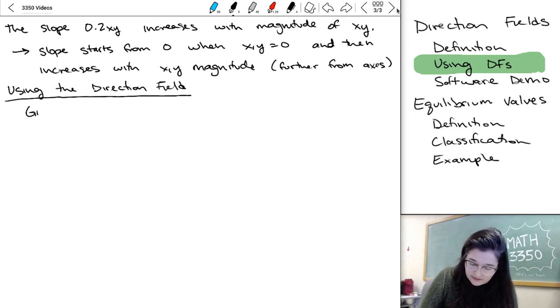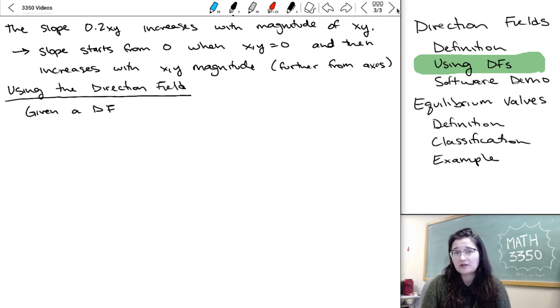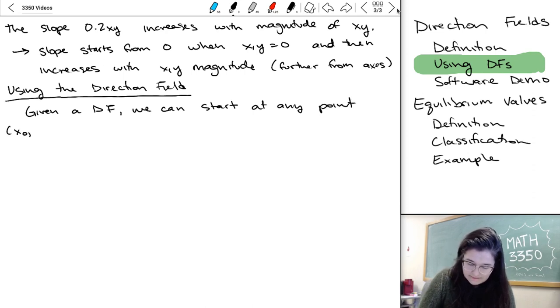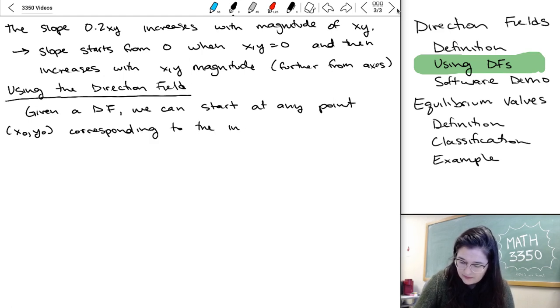So given a direction field, which I've abbreviated DF when it's too long to write out, what we're going to do is start at any point, some x0, y0, and that's going to be the initial condition of an initial value problem.